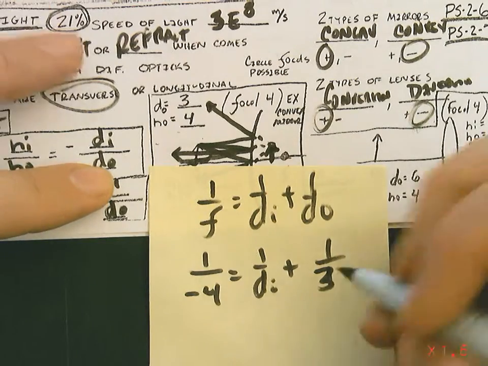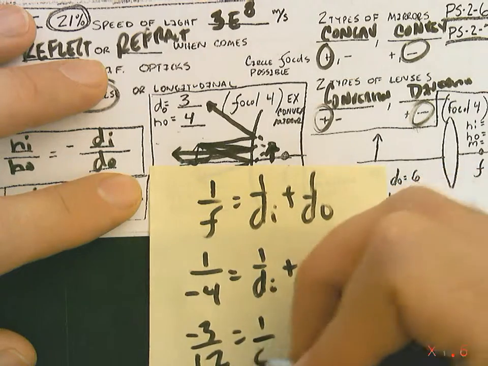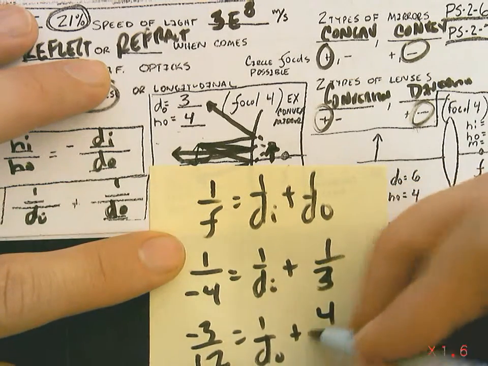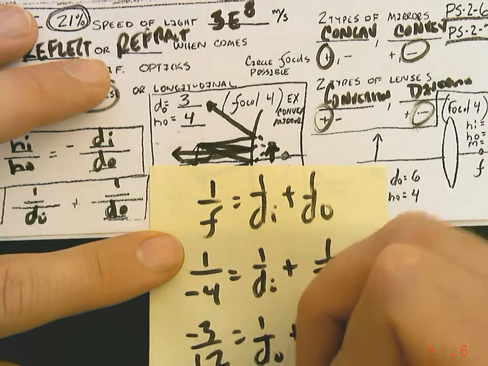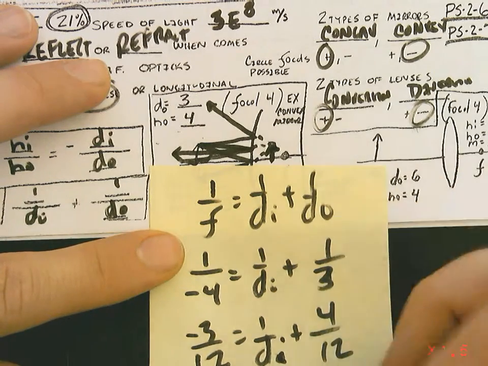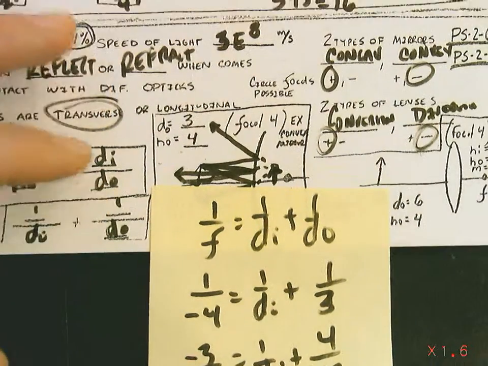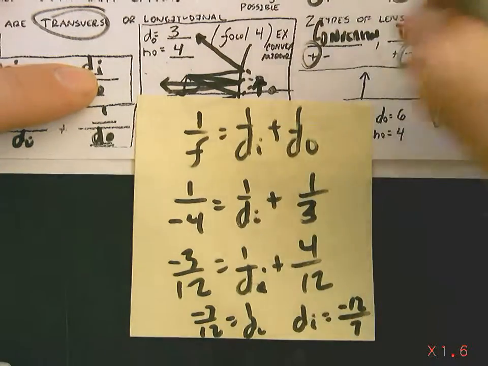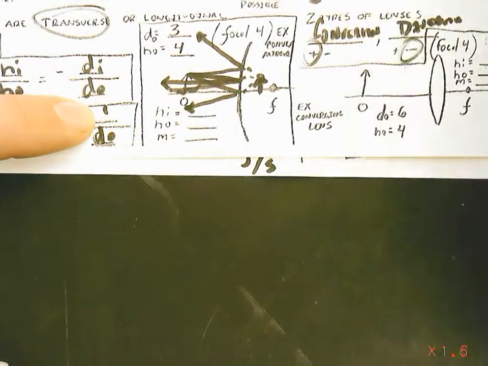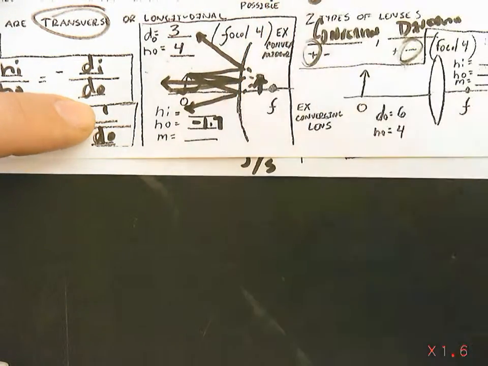The obvious common denominator is 12, so we get negative 3/12 equals 1 over di plus 4/12. So we get negative 7/12 equals 1 over di, or di equals negative 12/7. So di is negative 1.7. So that's my distance to the image, negative 1.7.